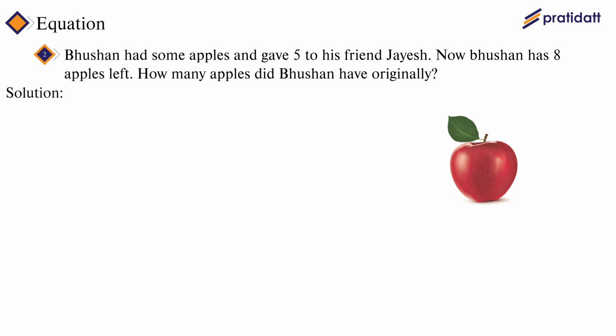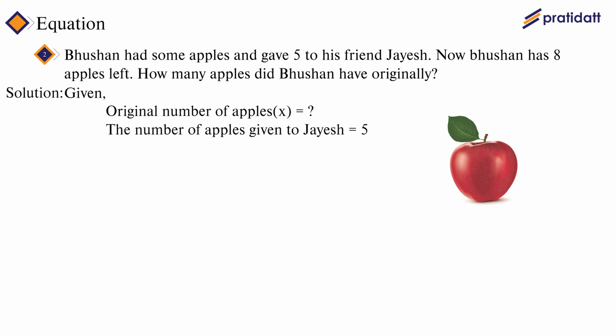Now, let's write the solution. Original number of apples, that is x, we have to find. The number of apples given to Jayesh is 5. Remaining apples are 8. So the required equation is x minus 5 equals 8.